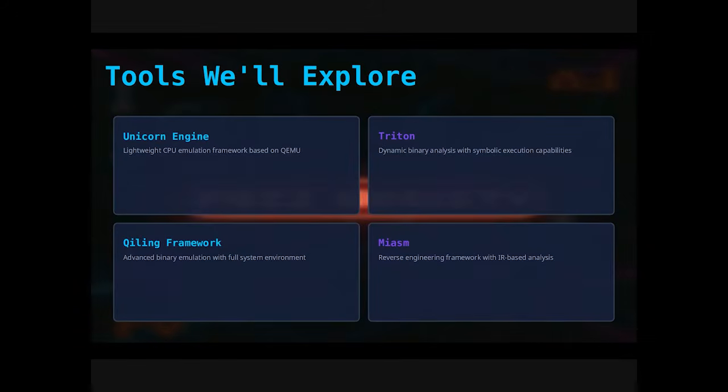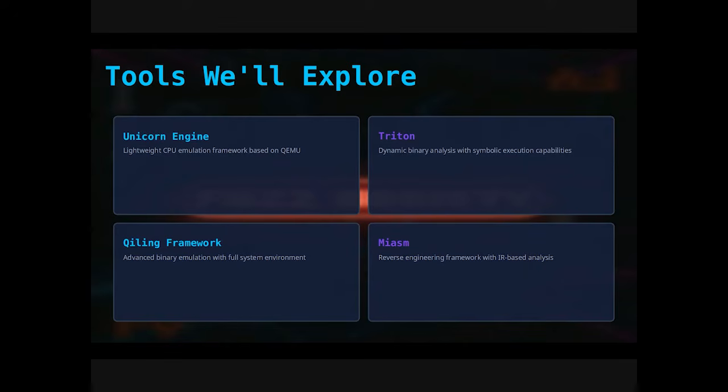So what are these tools that we will explore? First of all, we have Unicorn Engine, which is a lightweight CPU emulator. This is based on QEMU, but it allows us to manipulate this emulation using Python, a very simple Python API.